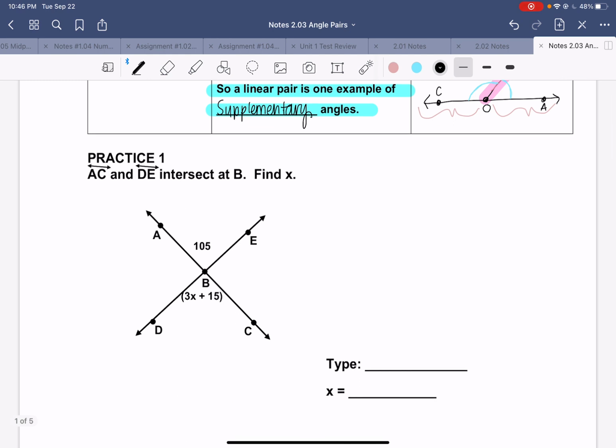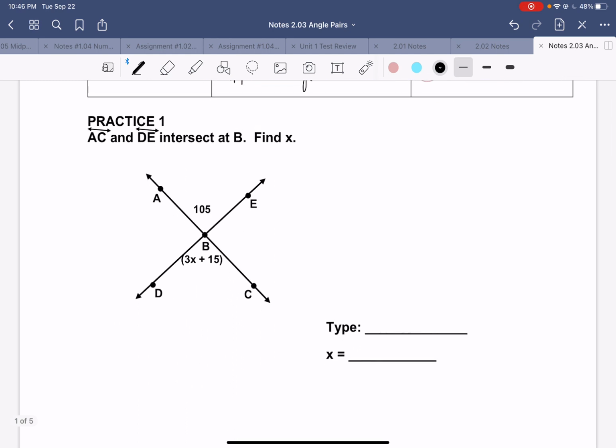All right, line AC and line DE intersect at point B. Find x. So the first thing you have to do is determine what kind of pair this is. Well, this angle right here only shares a vertex with this angle right here. So if it only shares a vertex, it is a vertical angle.